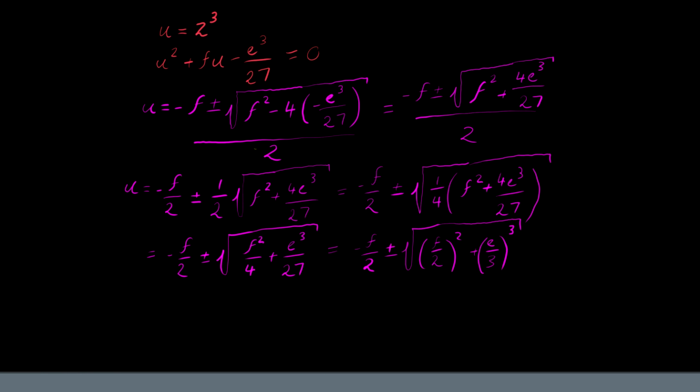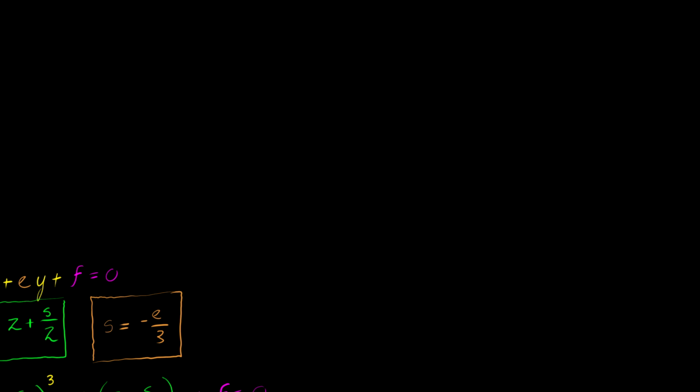But anyway, what did we get to so far? Let me rewrite it. So we got that u is going to be equal to z cubed. That's what we defined u being equal to, I think we did originally. And so we've got our two possible values of u using the quadratic formula.